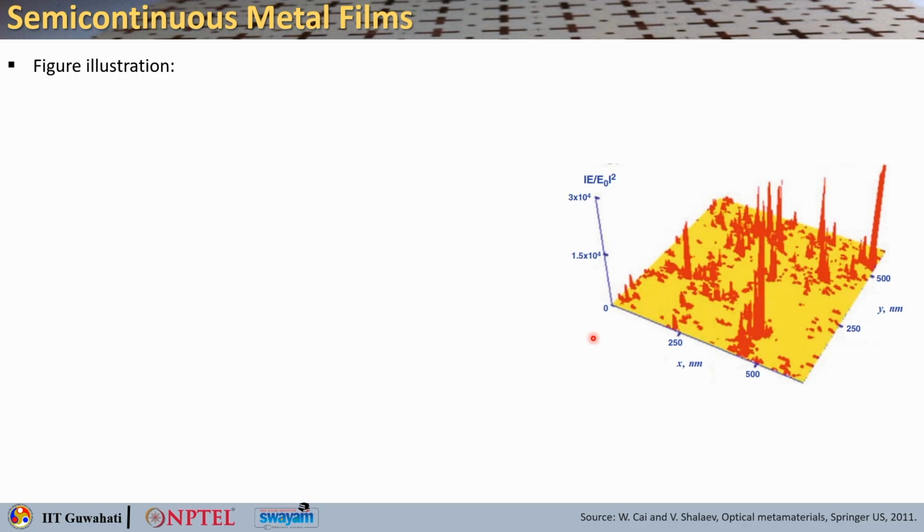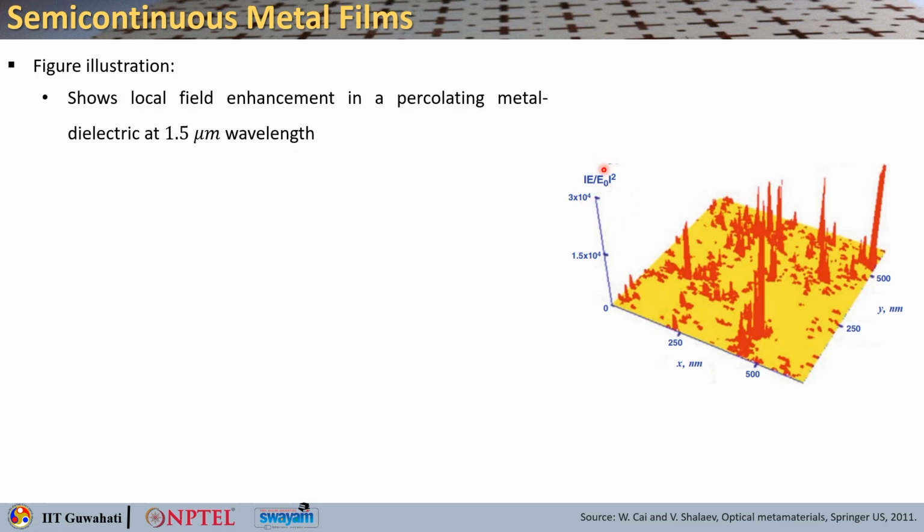So, here in this figure it shows the spatial distribution of the normalized local intensity of a typical silver silica percolating film at an arbitrary wavelength of 1.5 micrometer. What is plotted here is basically the normalized intensity, modulus of E by E naught, whole squared.